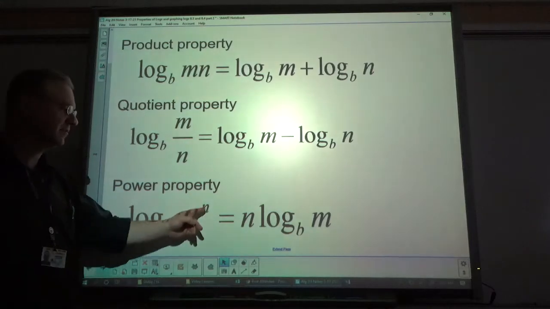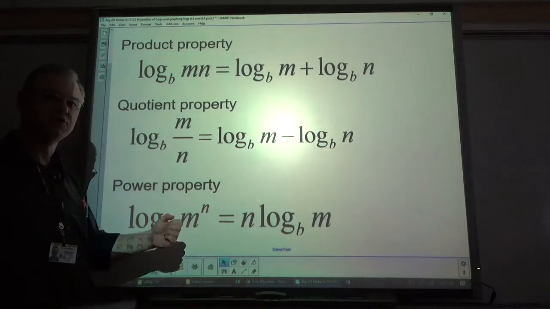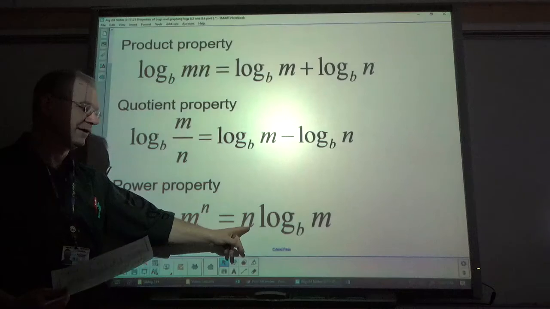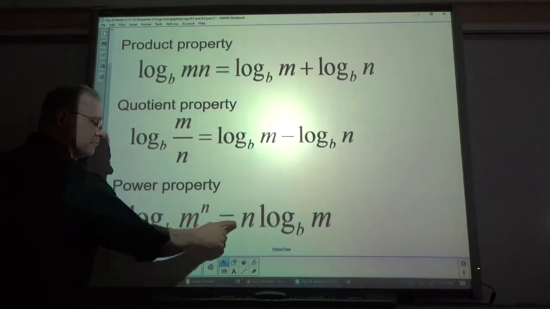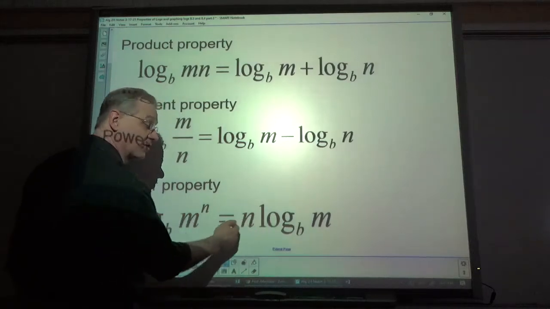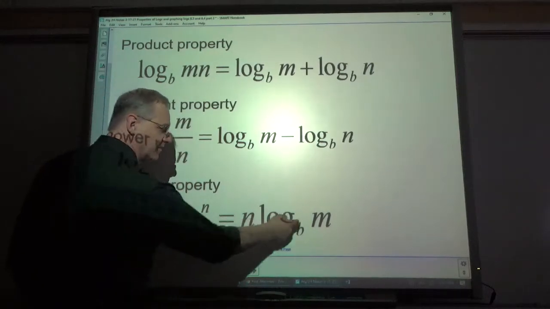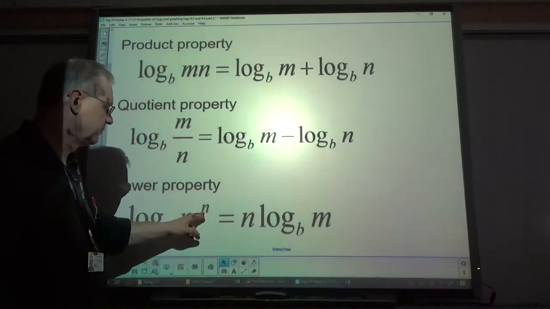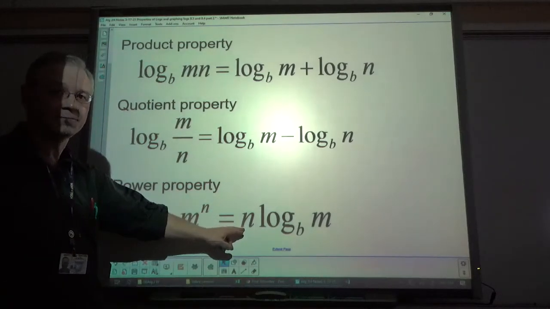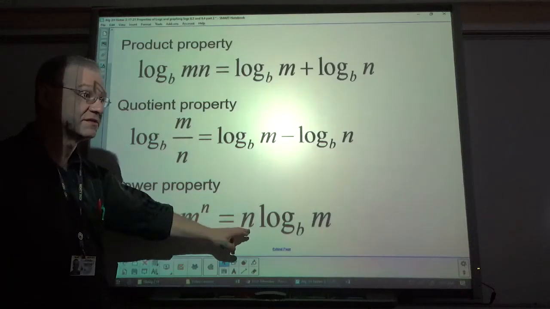And when you raise to the power, you multiply outside the log. So the exponent becomes the multiplier, or almost like a coefficient of the log. It's not a coefficient, but like one.